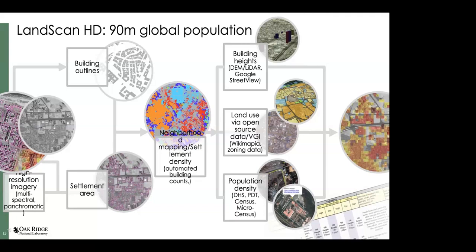So at the very first level, the US government spends $350 million a year collecting high resolution, 30 centimeter resolution satellite imagery for the whole planet. What can we do with it? So what we are saying is we can understand where settlements are and where buildings are, and we are going to map every building on the planet. From those buildings, we derive a second level machine learning model that allows us to understand neighborhoods.